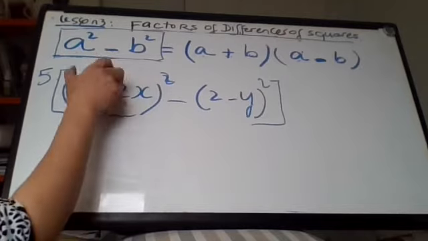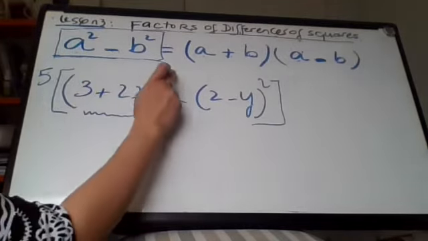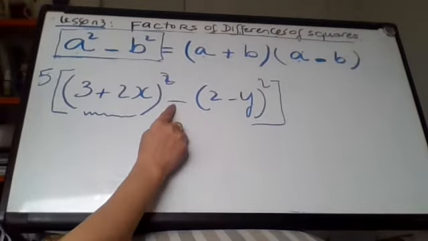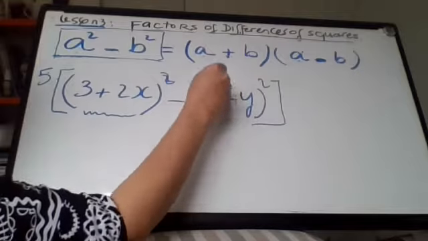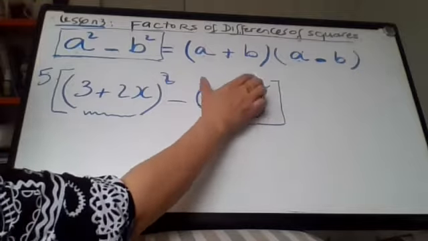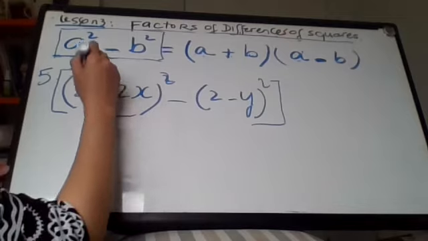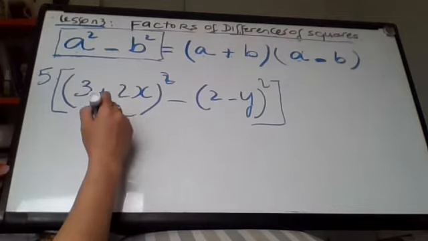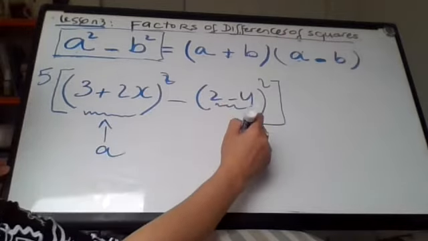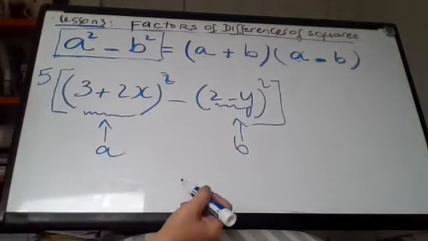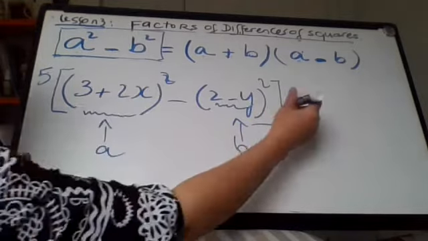Treat it as a whole thing. 3 plus 2x is your a, square is square, minus is minus. 2 minus y, treat it as a whole thing, as your b. So this is your a, and the whole thing here is your b, okay?